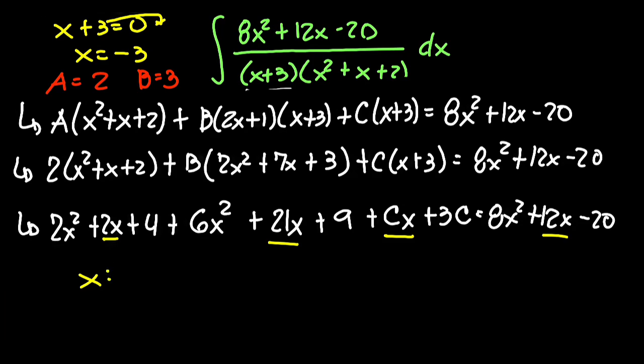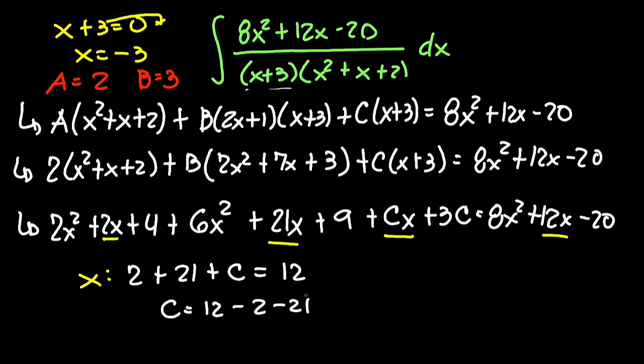Putting this together, this would be 2 plus 21 plus c equal to 12. Just copy the coefficients of all the variables that have an x once again. And by isolating c, this would be equal to 12 minus 2 minus 21, thus making c here equal to negative 11.